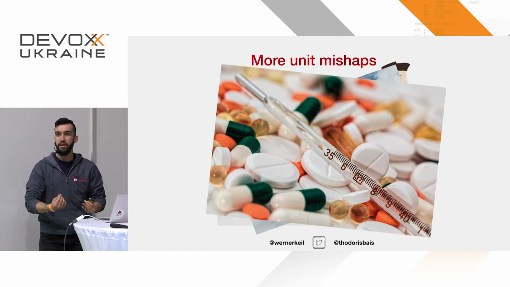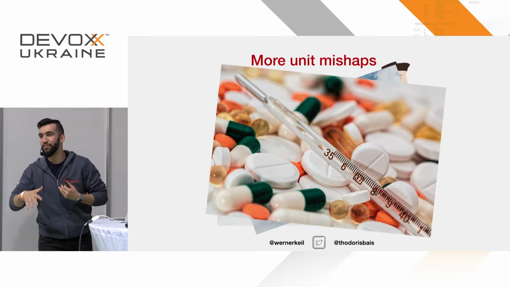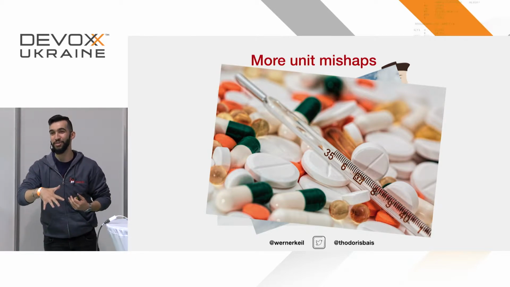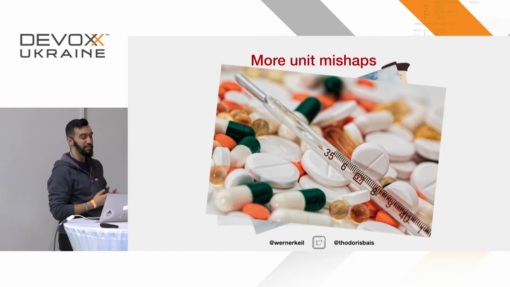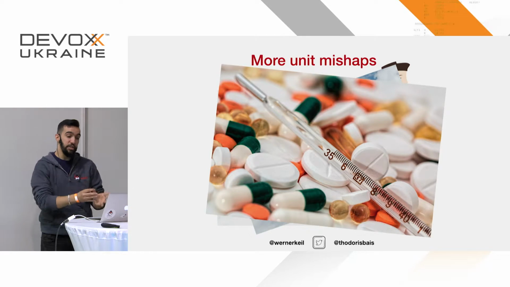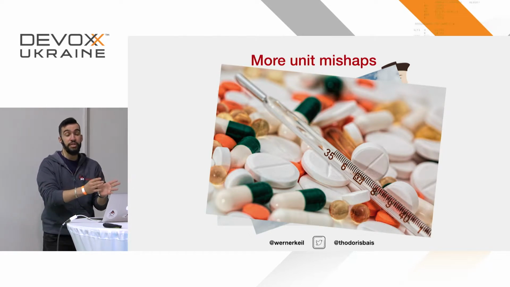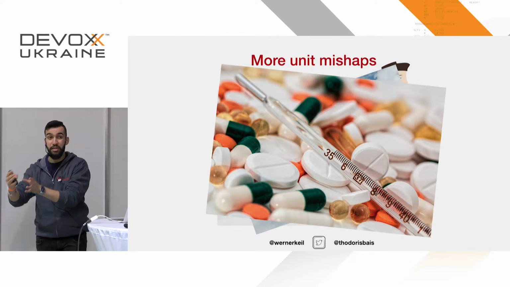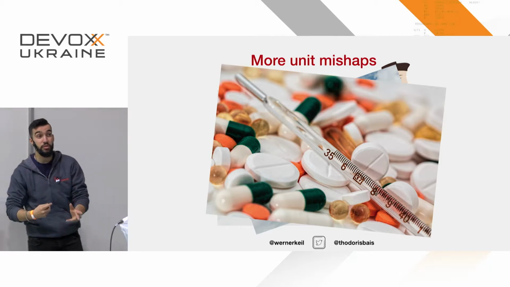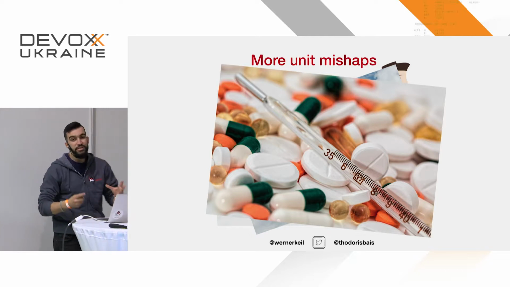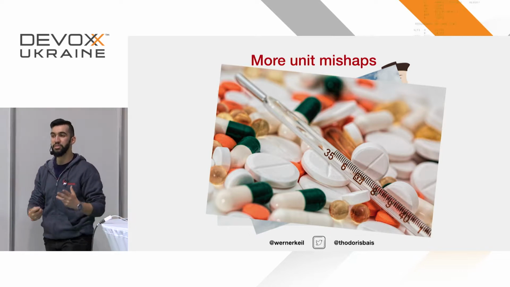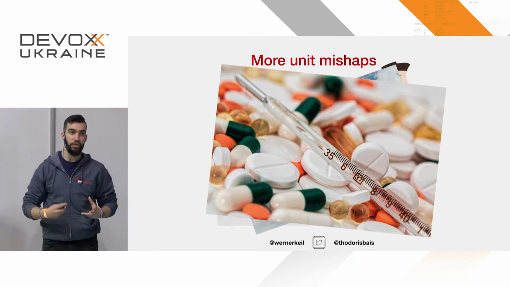I mean, personally, I have at least 5 different kinds of teaspoons at home. Which one should I use for taking that dose? The same applies between grains and grams. If I tell you, take 5 grains, you might think I'm saying take 5 grams. So there is a whole set of errors and mishaps that normally happen around units of measurement.